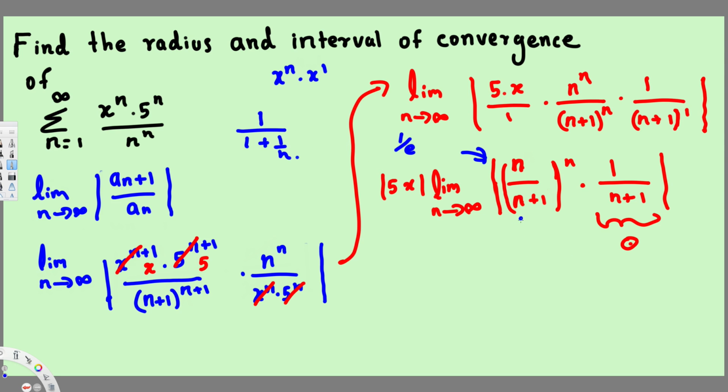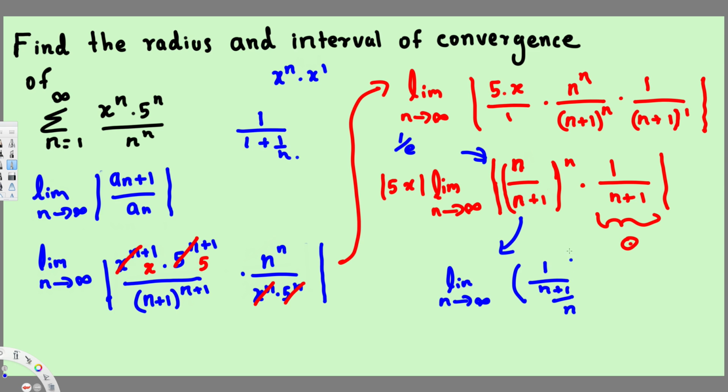Let's take this one alone. So here we have the limit as n approaches infinity, and to get the e pattern, what you can do is simply put 1 here, n plus 1, and bring this n down to this one. Dividing this by this n is the same as multiplying, because this is going to flip around.